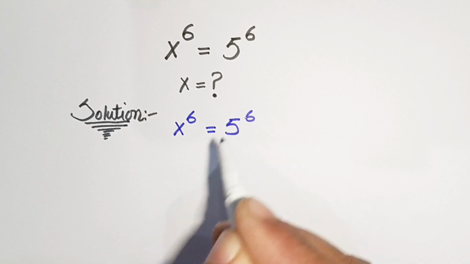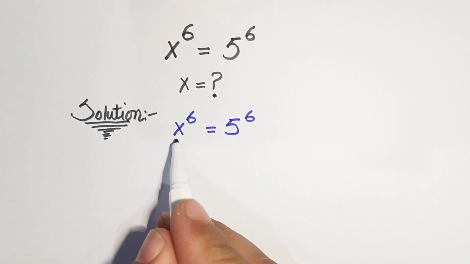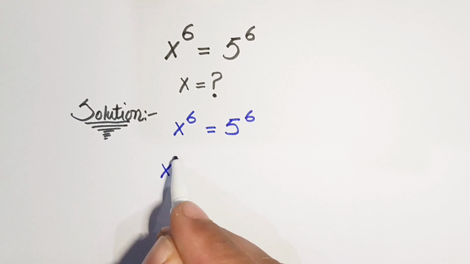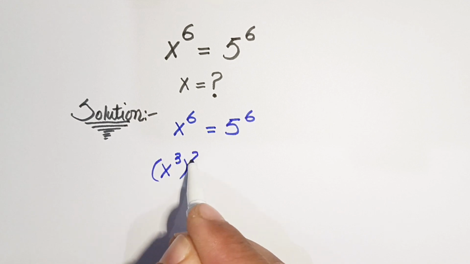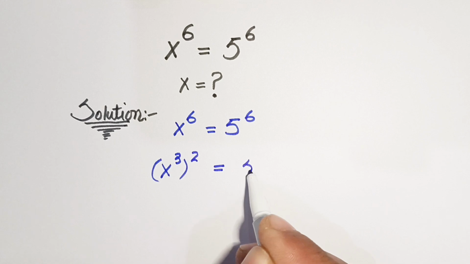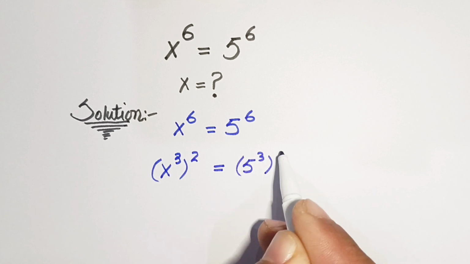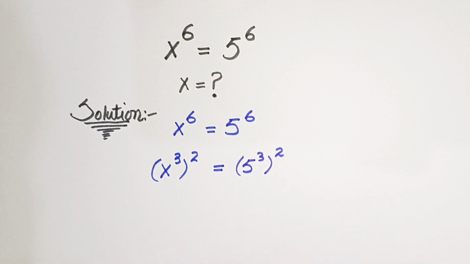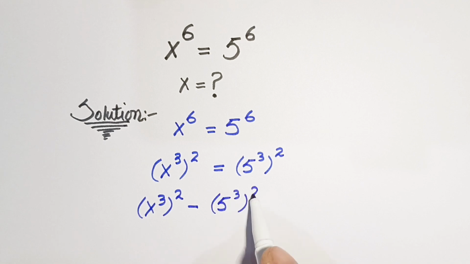to the power 6. Now here if we write this x to the power 6 like x cubed whole squared, which is equal to 5 cubed whole to the power 2. Now shifting this one, then we get x cubed whole squared minus 5 cubed whole squared, which is equal to 0.